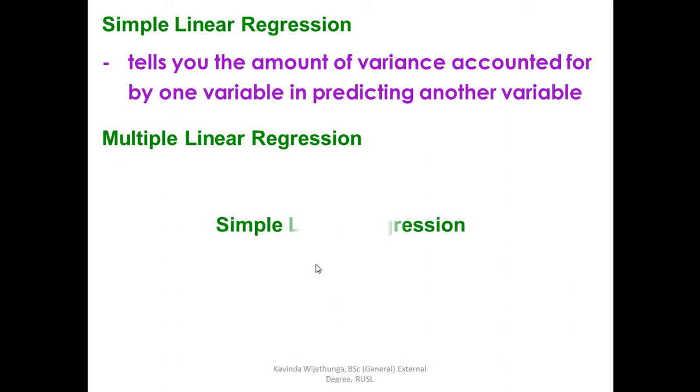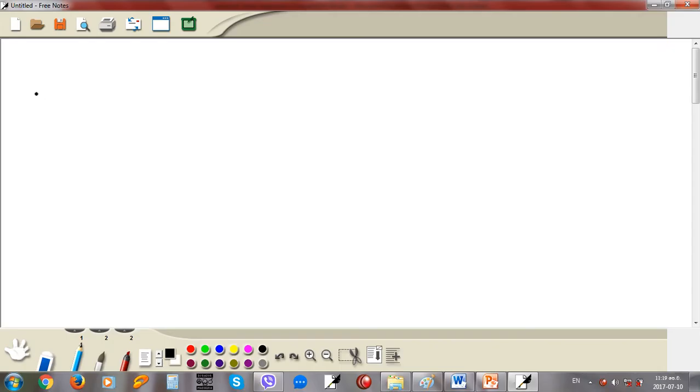So if we are thinking about simple linear regression, you can see one dependent variable and one independent variable.